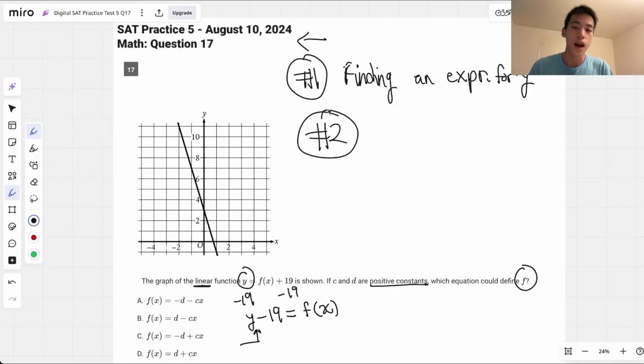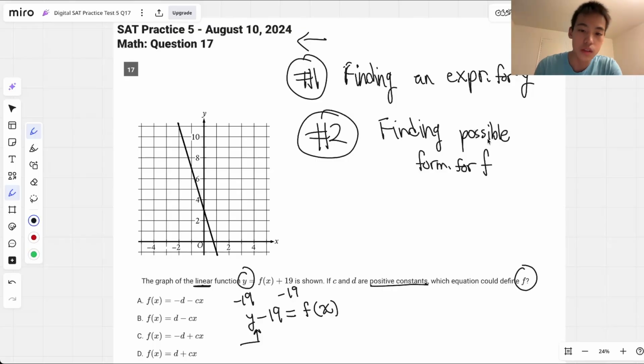And maybe we can find a way such that we find the correct form of f. So I'm just going to write finding possible form for f.